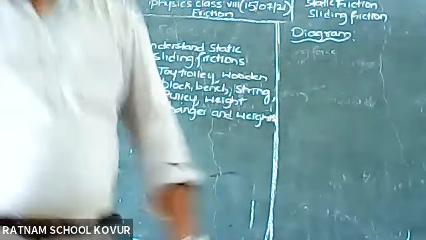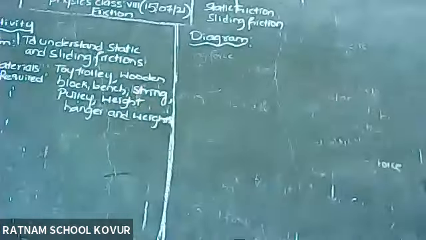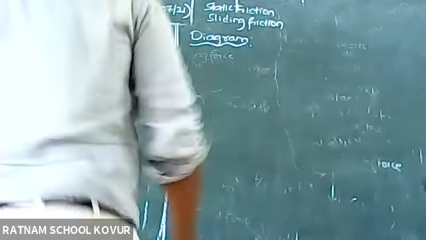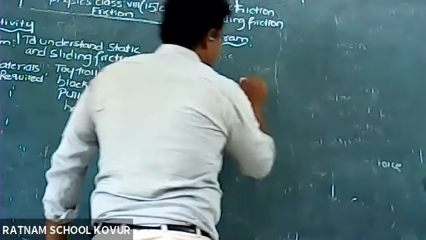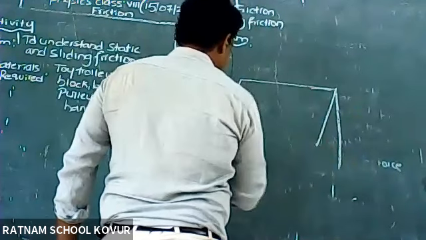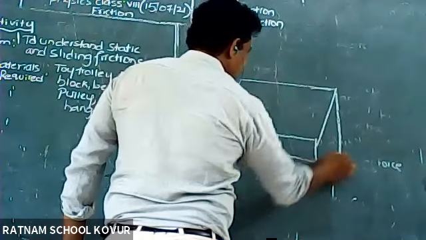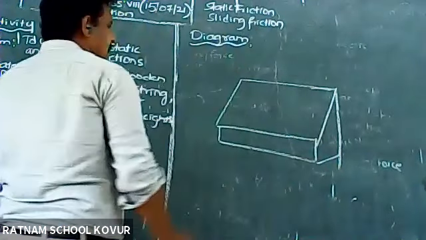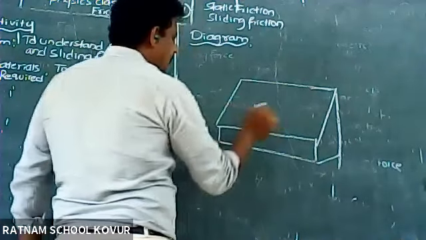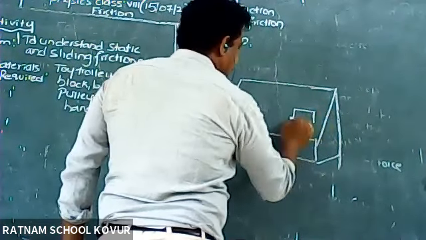Now you see the diagram here. I am going to draw the diagram. So this is a bench. On the bench, you keep the trolley.